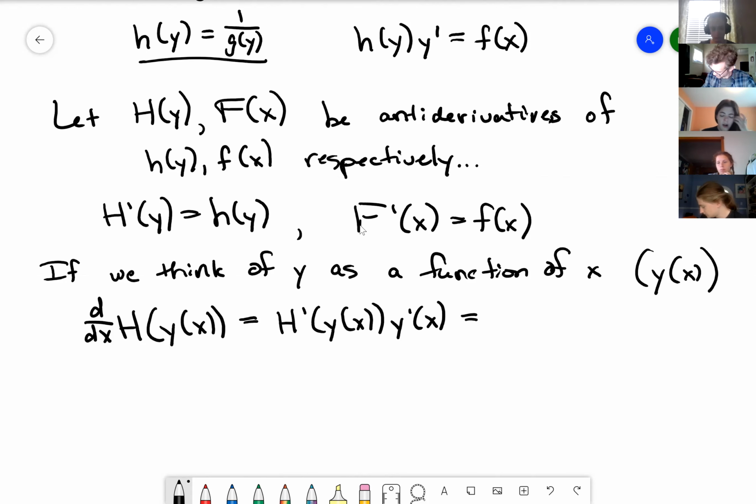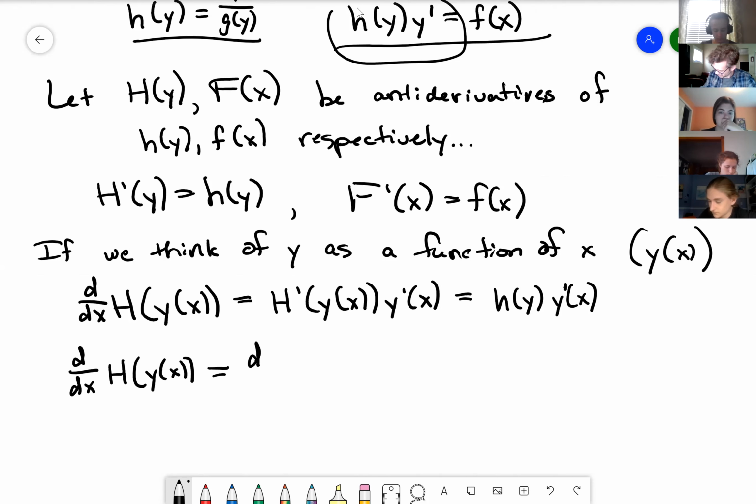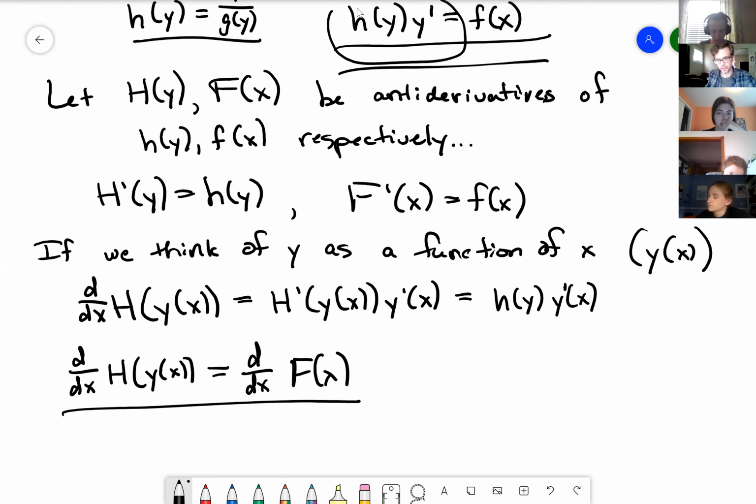Okay. So we can write this now as the derivative with respect to x of h of y of x. So that's this side. And then we'll write the other side as the derivative with respect to x of capital F of x. So now we've just rewritten this thing as this.